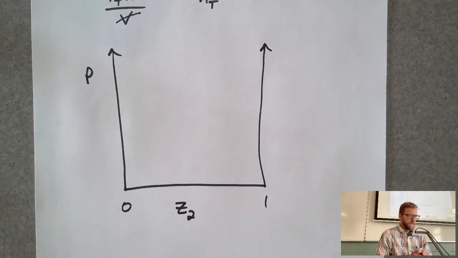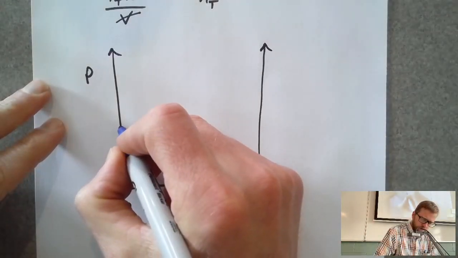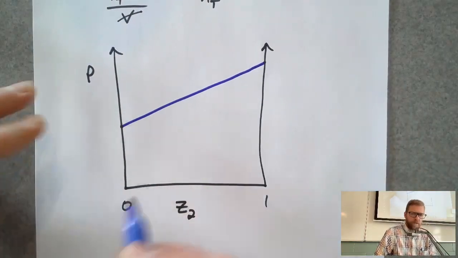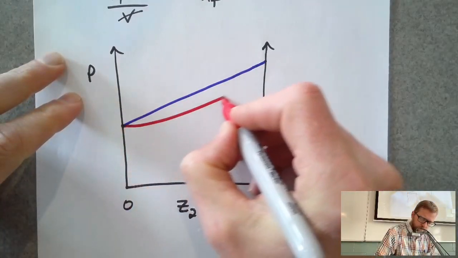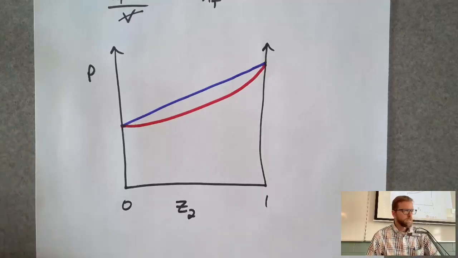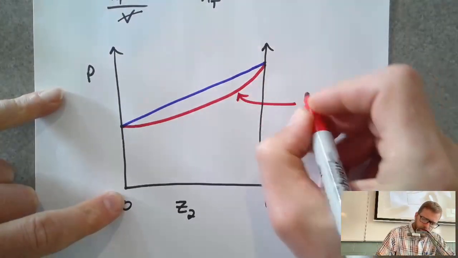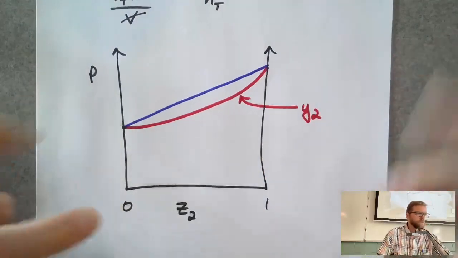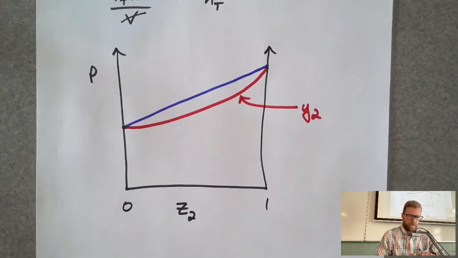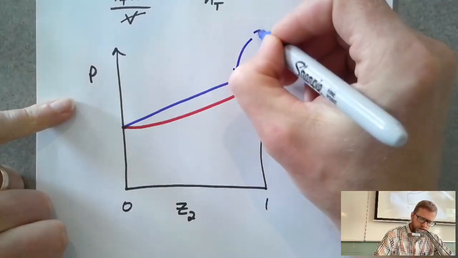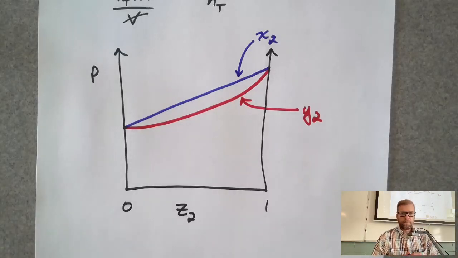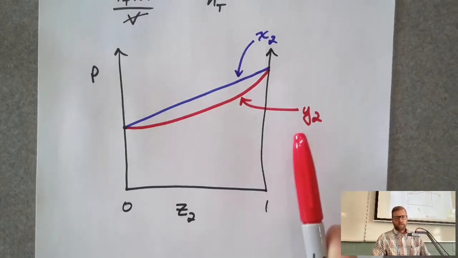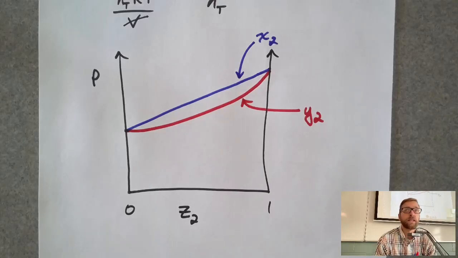And what you get is that, and this. So this is Y2, and this is X2. Okay, all right. So we get a nonlinear mole fraction in the gas phase.